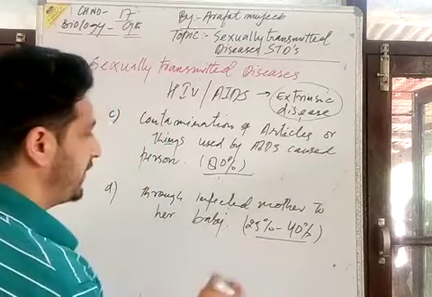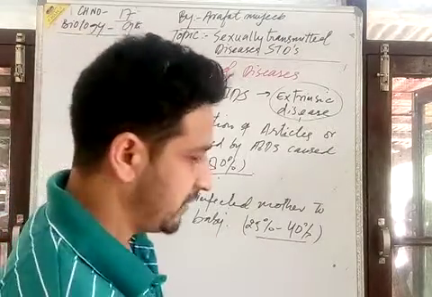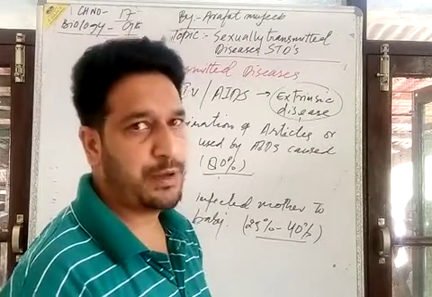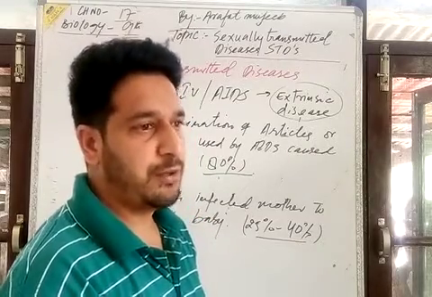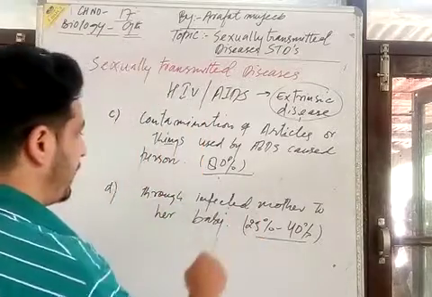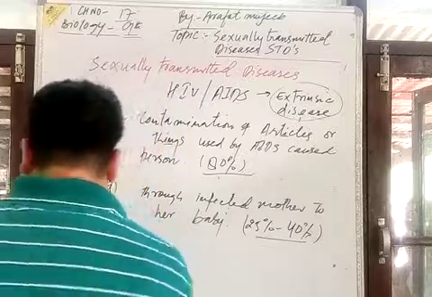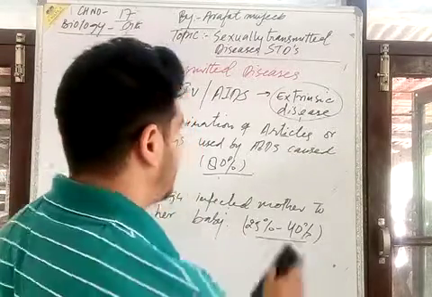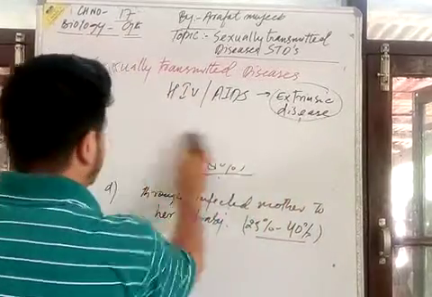Automatically this type of disease is transmitted to an unborn baby, or the baby after birth could be contaminated by this disease from the infected mother. These are a few modes of transmission of this type of disease.